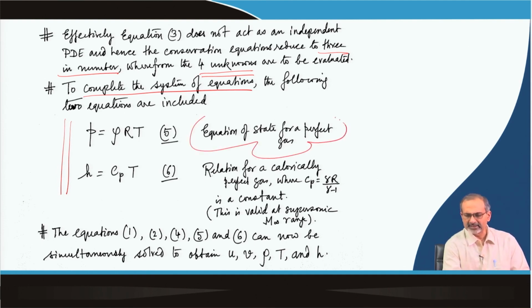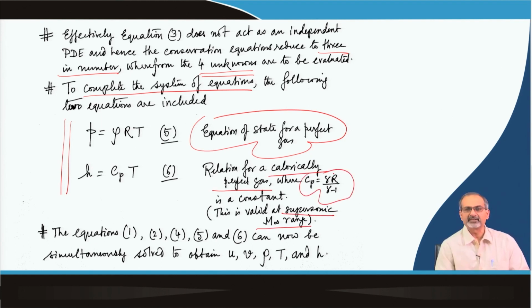A very important ingredient is the equation of state, and for a perfect gas it looks like this: P equal to rho R T. Additionally, we bring in the relation for enthalpy in terms of temperature, and for a calorically perfect gas, which is going to be true for the supersonic Mach number range, the Cp will be expressed in terms of the specific gas constant and gamma using this relation where it remains a constant, and then you effectively solve the equations 1, 2, 4, 5 and 6, which are 5 in number, so that you can solve for u, v, rho, T and h. Those are your 5 unknowns, and you now have 5 equations.